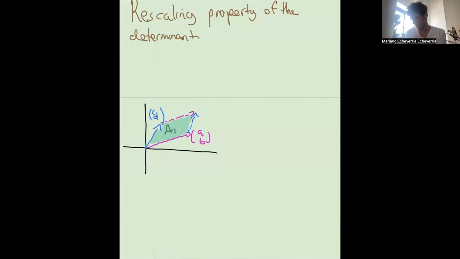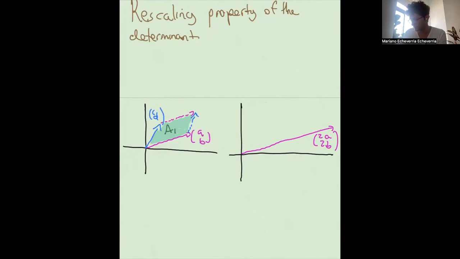And then you rescale the vectors. So now let's say I'm going to make the pink vector 2 times bigger, so I'm going to multiply it by 2. So now it looks 2 times bigger. So now it's 2A, 2B, right? And let's say I'm going to multiply the blue vector by 3, for example.